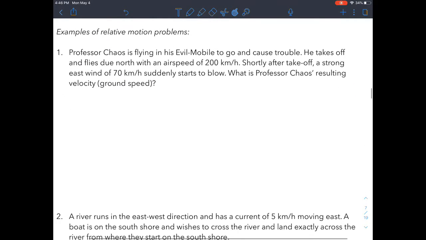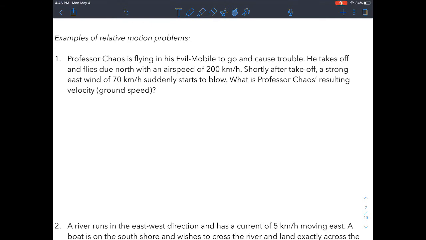So we've got Professor Chaos flying his Evomobile, takes off and flies due north with an airspeed of 200 kilometers an hour. Shortly after takeoff, a strong east wind of 70 kilometers an hour picks up. What's Professor Chaos's resulting velocity? So the ground speed. Okay, so this is very similar to the question we were just talking about. We've got a plane traveling north at 200 kilometers an hour.